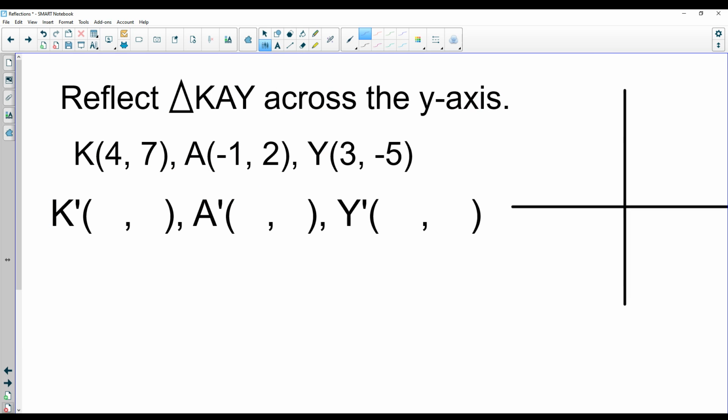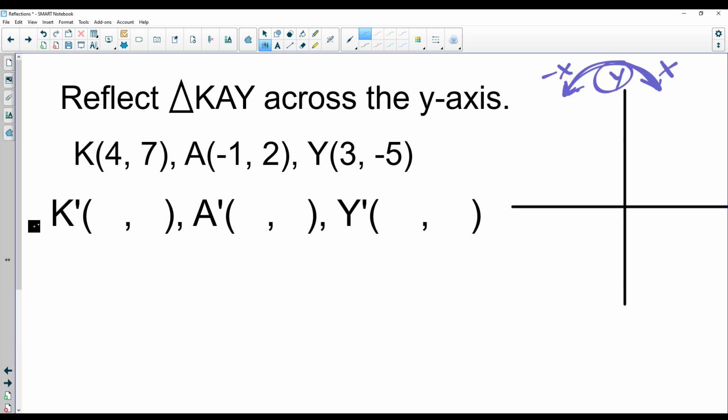Right? This last one. Reflect triangle K across the y-axis. So we need to think that this is the y-axis. So I'm going to be flipping over the y-axis. That means x will change. I'm going to go from negative x to positive x or positive x to negative x. Okay? But y does not move.